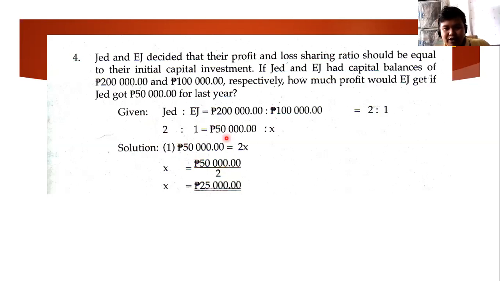Then the extremes, 2 times x, 2x. 50,000 divided by 2 is 25,000. That easy. Don't worry too much about the rest, because what we are looking for is how much profit each would get. Just understand their equal sharing, 2 and 1. They have balances of 2 and 1, reducing 200,000 and 100,000 to lowest terms. So that is their ratio. Then x, means and extremes. So 25k. That's it.